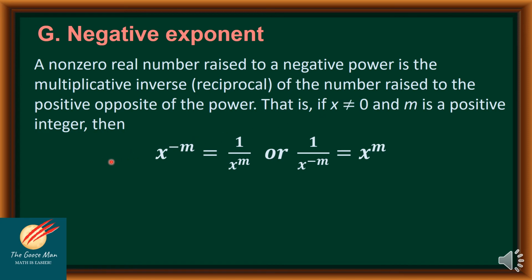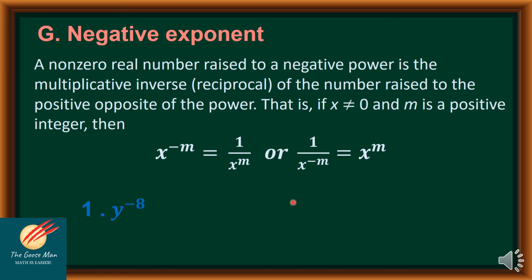That is, if x is not equal to 0 and n is a positive integer, then for the expression x raised to negative n, to make this a positive exponent, I'll put it in the denominator, so I have 1 all over x raised to n. Or if I have an exponent in the denominator as negative, to make this positive, I'll put it in the numerator. Take note that x raised to n times 1 will give us x raised to n.